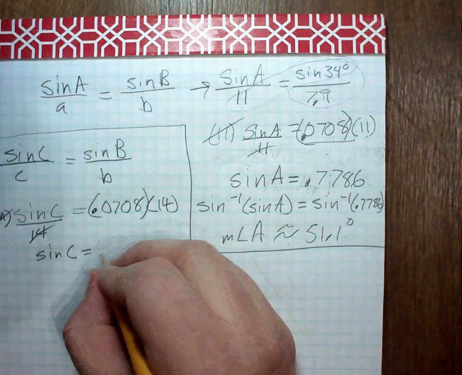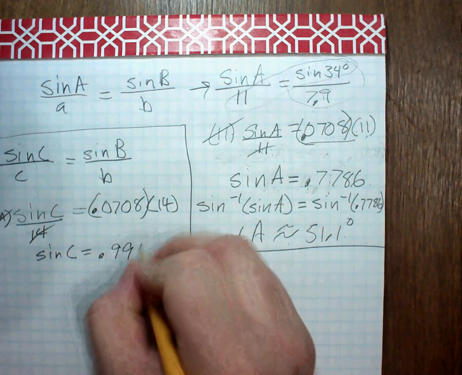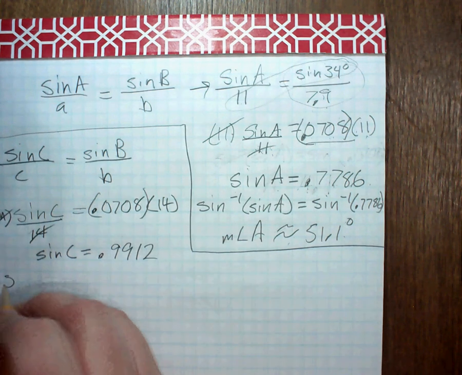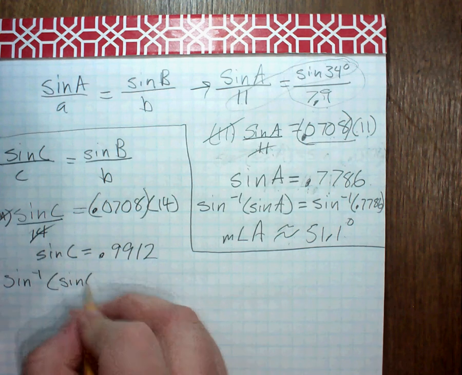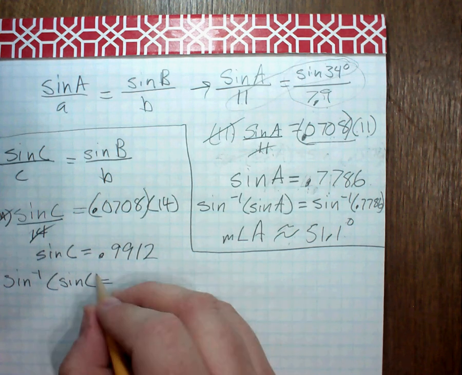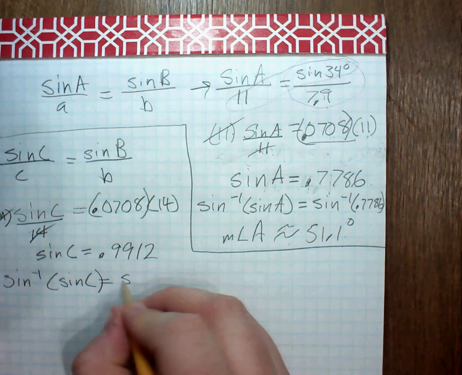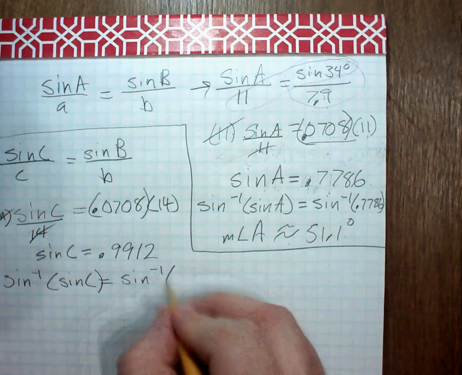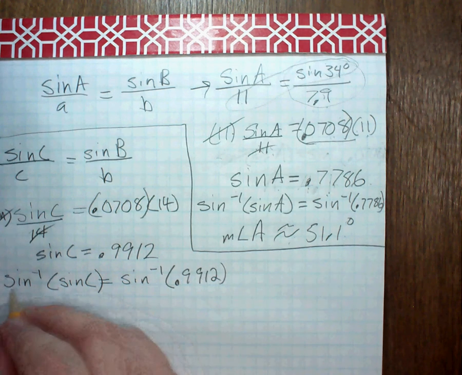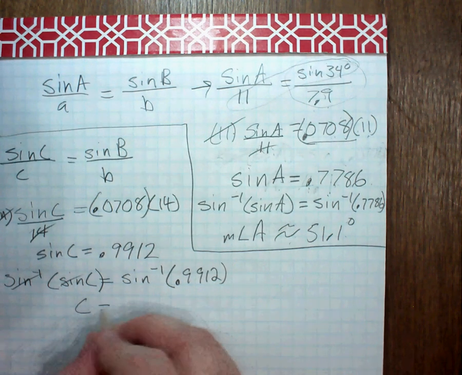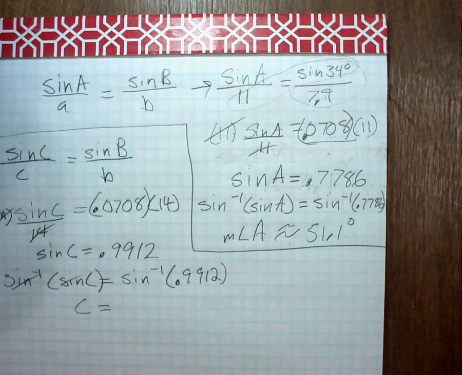That is 0.9912. I'm going to take the inverse sine of both sides of the equation. And I get capital C is equal to the inverse sine of this value.